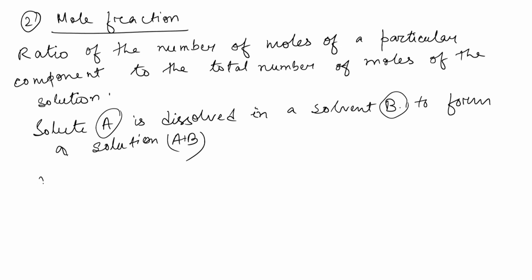Let's say the number of moles of A is Na and the number of moles of B is Nb.